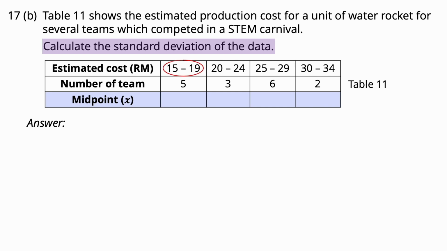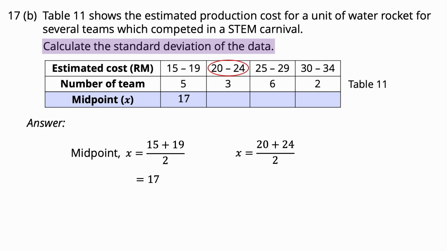For RM 15 to 19, midpoint equals (15 + 19) divided by 2, which is 17. For RM 20 to 24, midpoint equals (20 + 24) divided by 2, which is 22. Continue with 27 and 32.